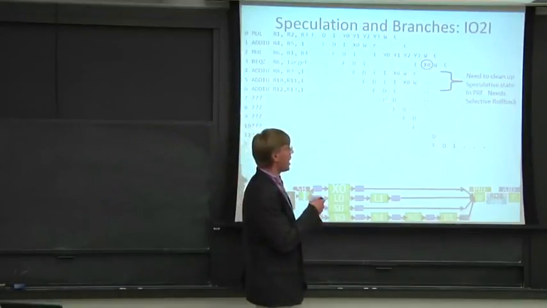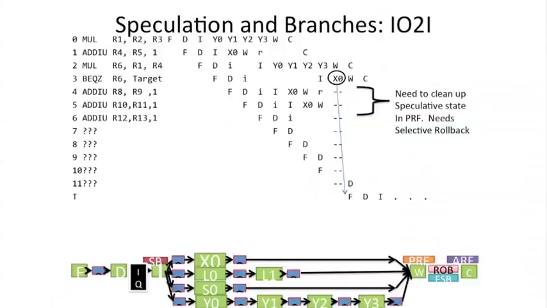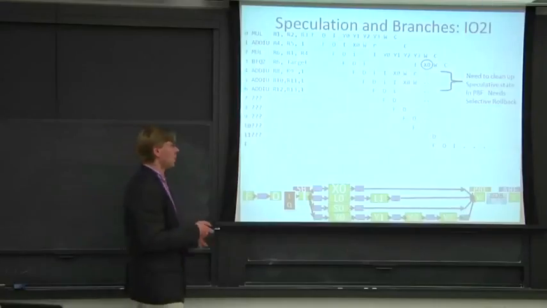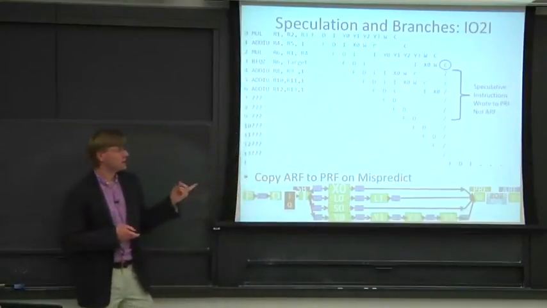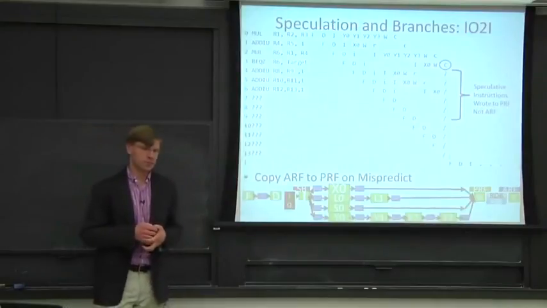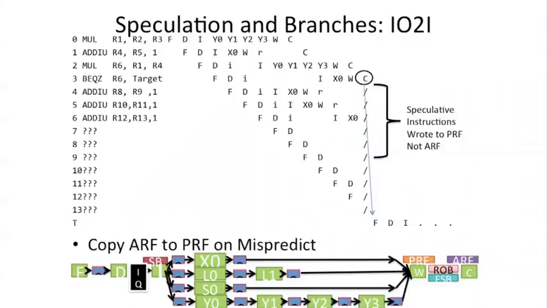Or rather, you're going to have to track which physical registers need to be rolled back on a speculation mispredict. Something a little bit easier is just to wait to the commit stage. If we wait to the commit stage, we know that all of the previous instructions of this branch have committed to the architectural register file.